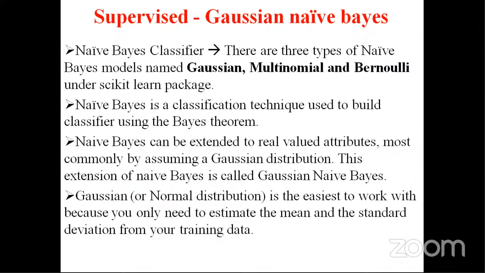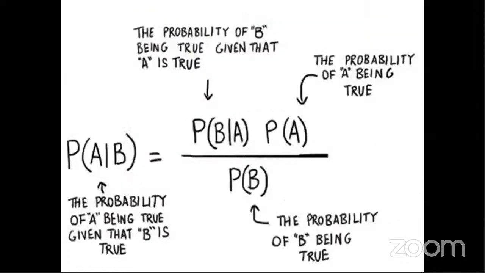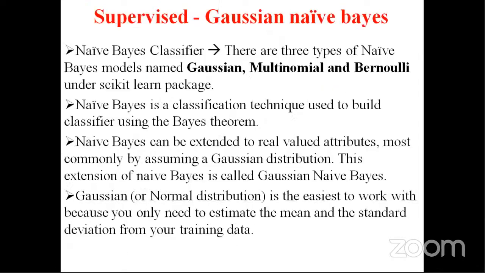A lot of examples and applications can be found for them. I have made a list in such a way that the theoretical description of each algorithm is quite different, so I'm just covering those points. Here I have mentioned a few points on Gaussian Naive Bayes, so all members can go through them once.